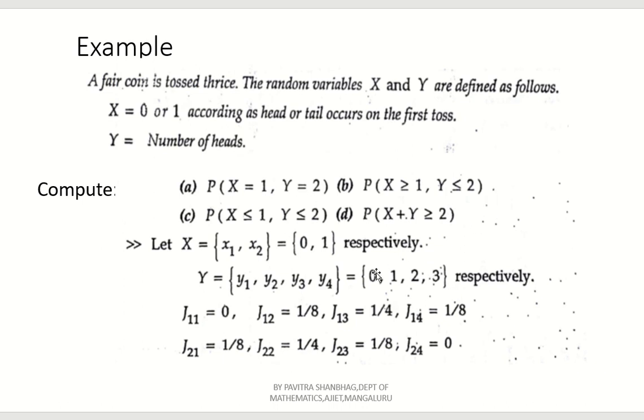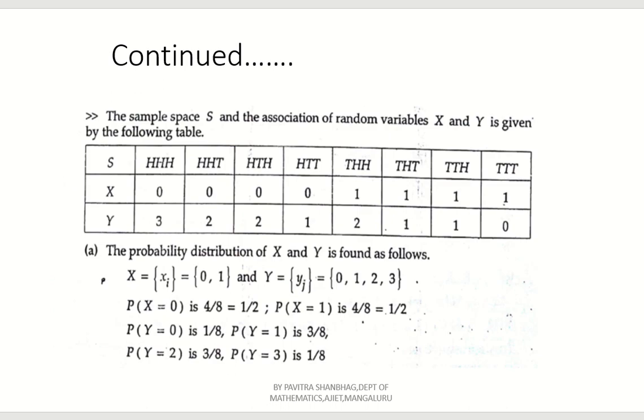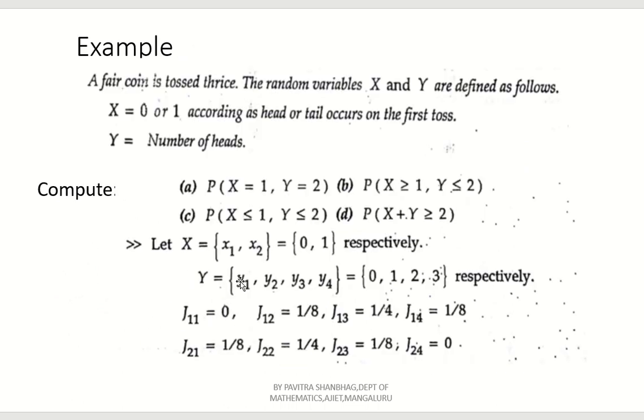We have already obtained J11, J12, J13, J14, similarly J21, J22, J23, J24. If you want, you can see in the previous 2-3 slides, the same thing we have explained. This same problem, sixth sum, we have continued now. Now the condition is only different. Now let us try with this.